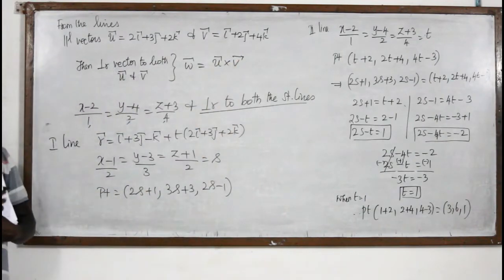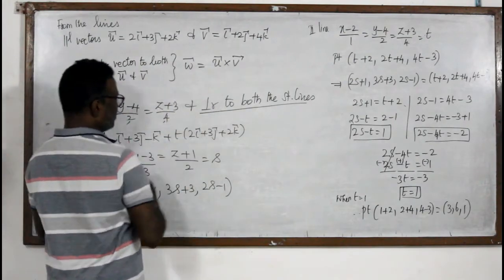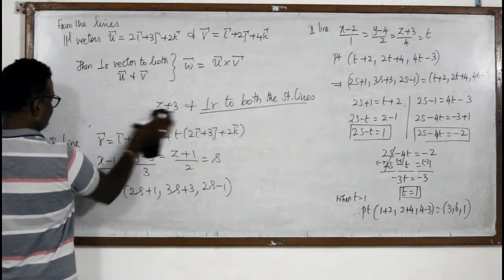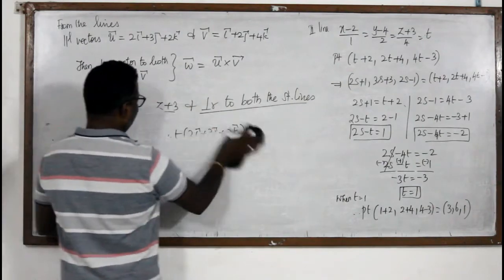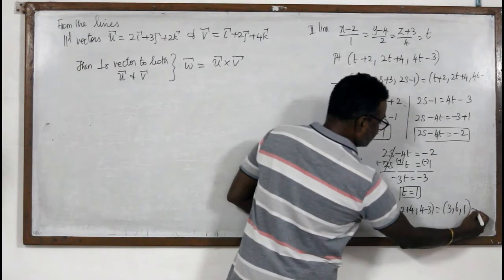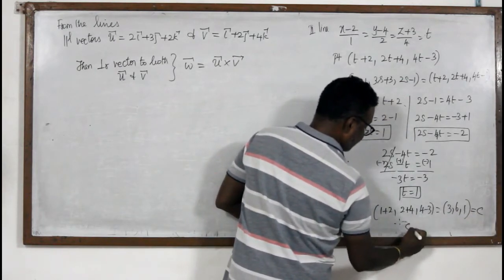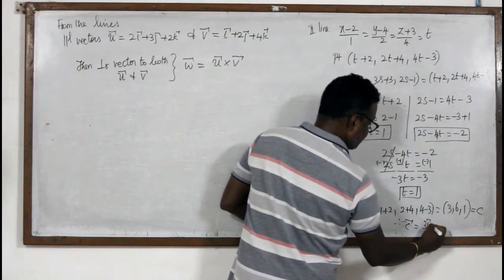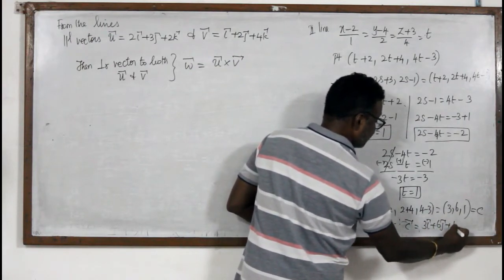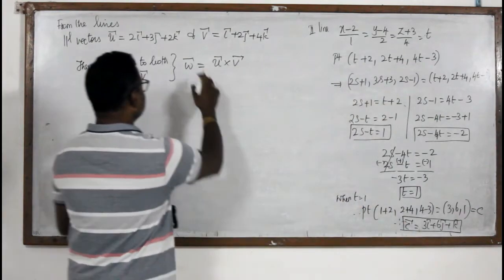Cross product always gives me a perpendicular vector. So if I keep it as w, then that one is u cross v. Therefore, there also we shall keep the point as c. That is, vector c equal to 3i plus 6j plus k. This is the point, and the vector is w.